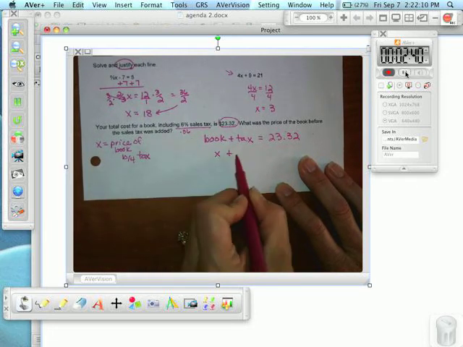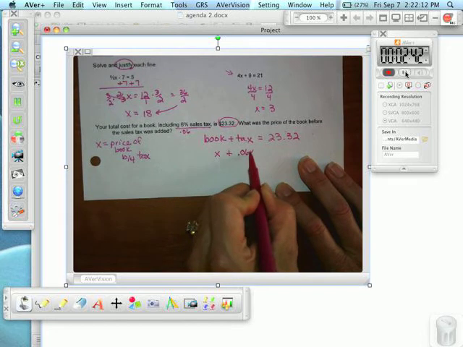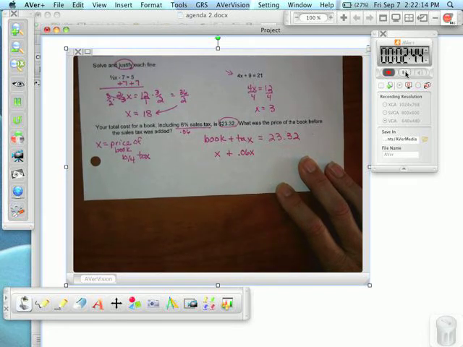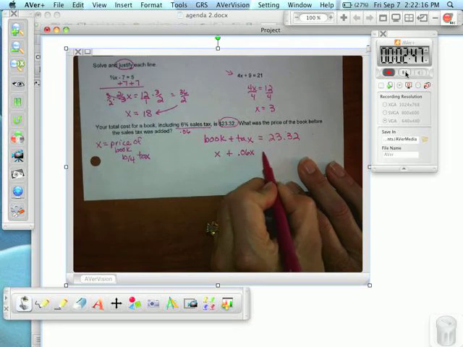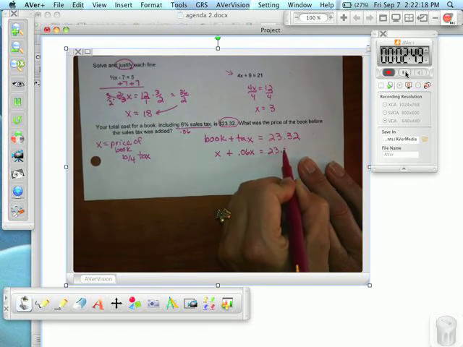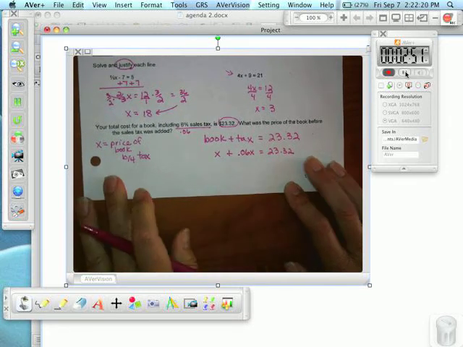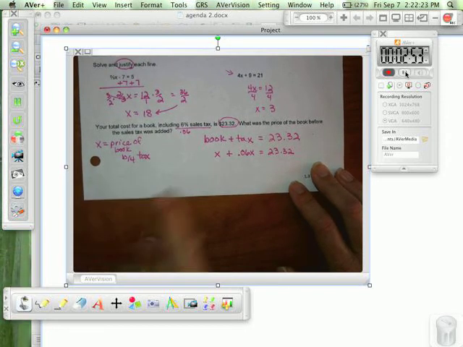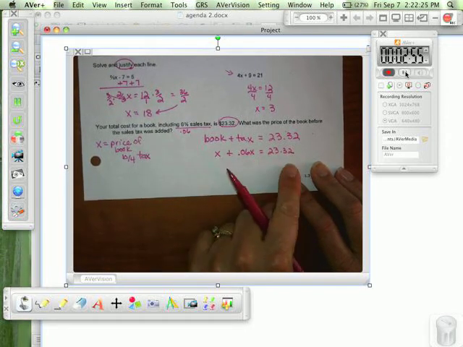So I have to add the tax, which would be 6% of the price, and that totals 23.32. Right? The price of the book plus the tax equals this.